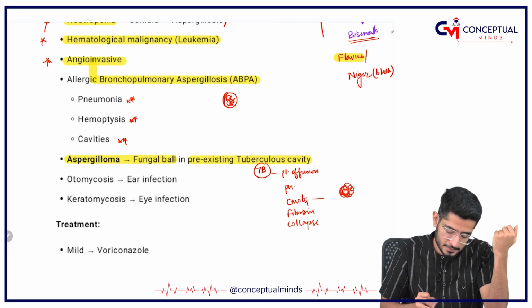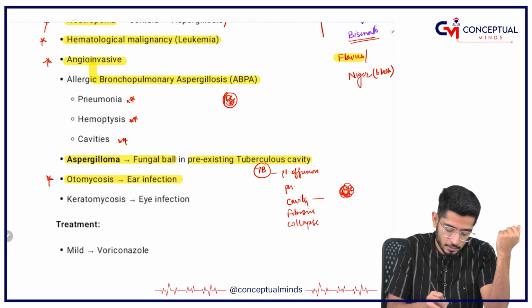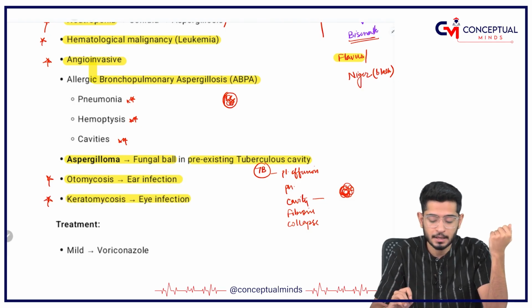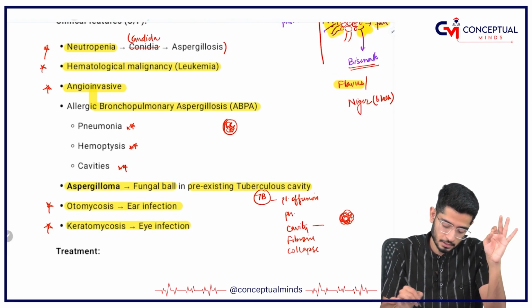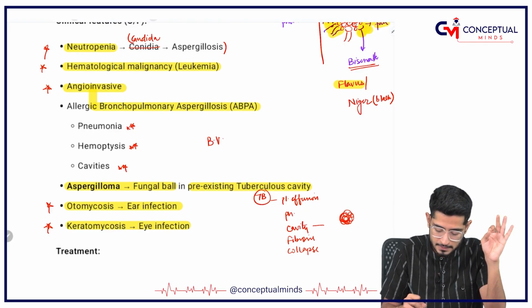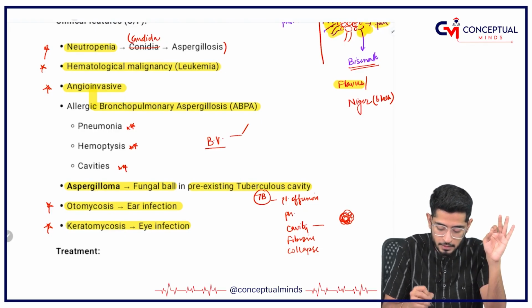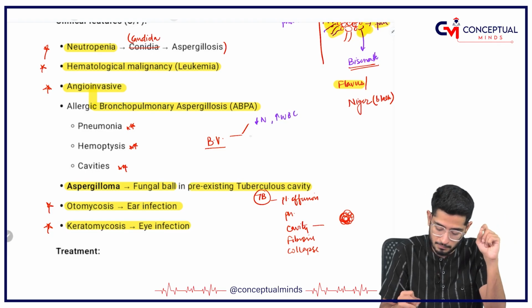Other things, it is responsible for causing ear infection called otomycosis, and eye infection, keratomycosis, is also formed. The way to remember is very simple: keep in mind the blood vessel. First, it is going to decrease neutrophils but increase WBCs, that is leukemia.